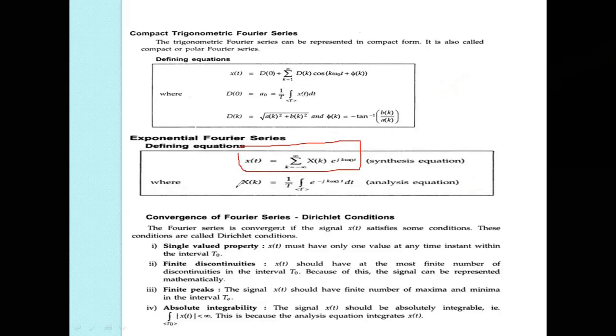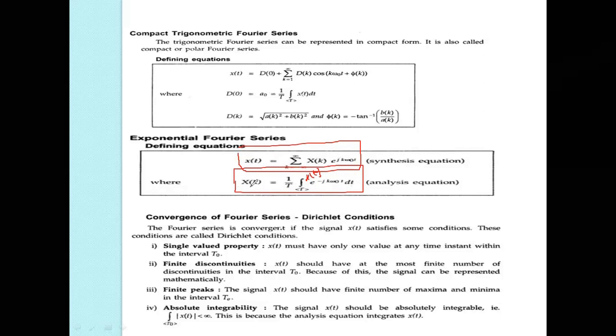This analysis equation of the Fourier series is only for periodic functions. x of k is equal to 1 by T, the integral over T of x of t into e power minus j k omega naught t dt. A little mistake is there earlier. Here x of k is the coefficient of the exponential Fourier series.